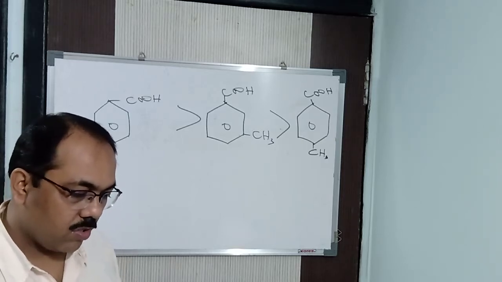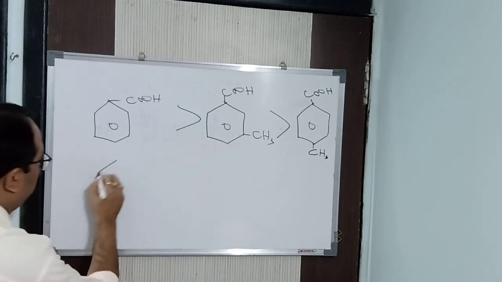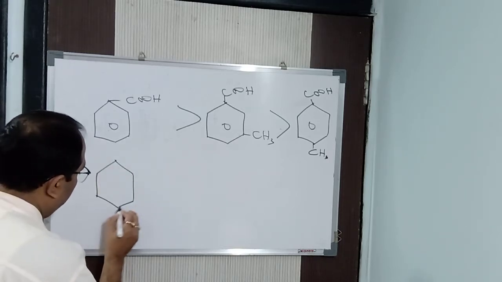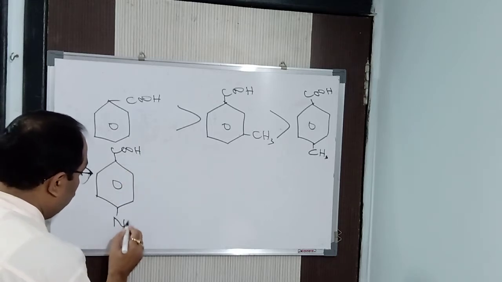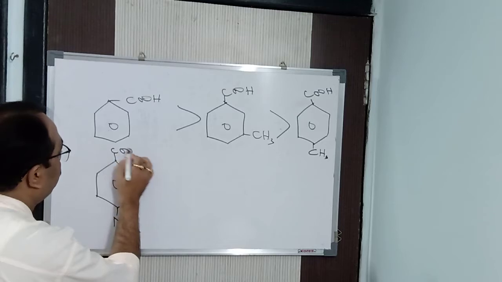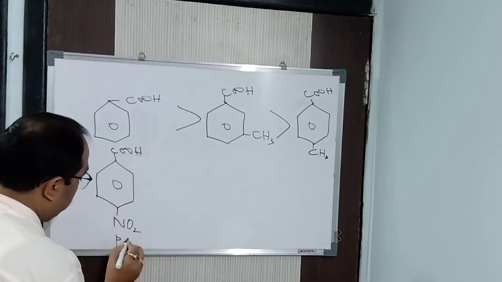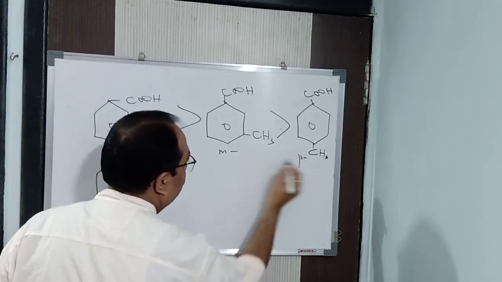That means, let us say nitro group is there. Any particular group I have taken, let us say nitro group. Benzoic acid, COOH, and NO2 group is there. This is para nitrobenzoic acid. This, of course, you know is meta, and this is your para.